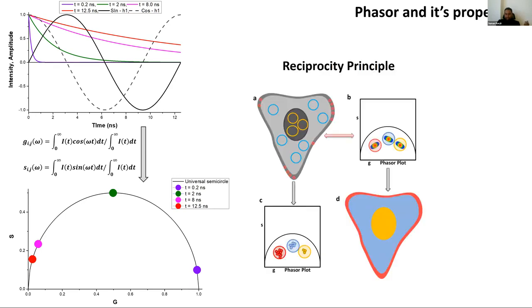One of the major important properties, and one of the reasons I think phasor is so well used, is the reciprocity principle, which means if we have an image of a cell, and we calculate the fluorescence lifetime or phasor, and we get these different regions, well, first, of course, you can select a region and see where these lifetimes or phasor clouds are in terms of the actual image.